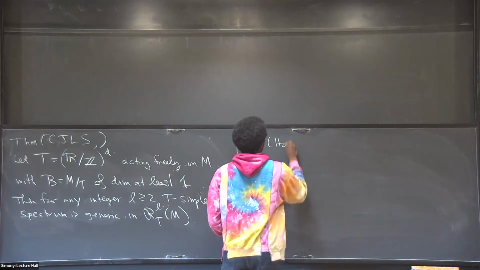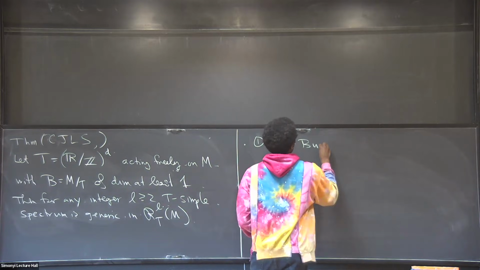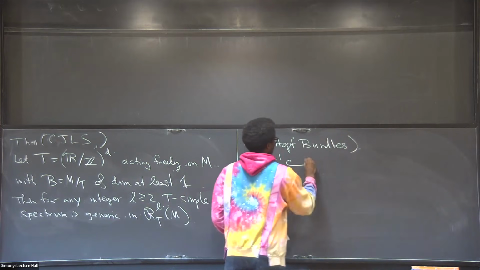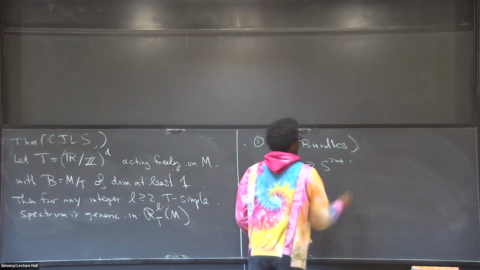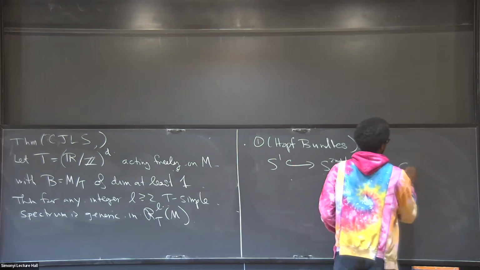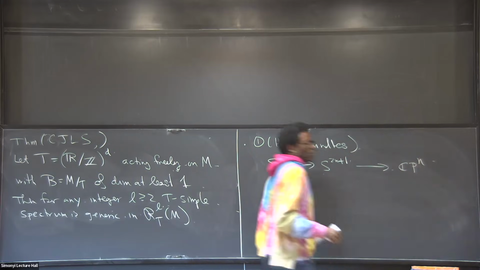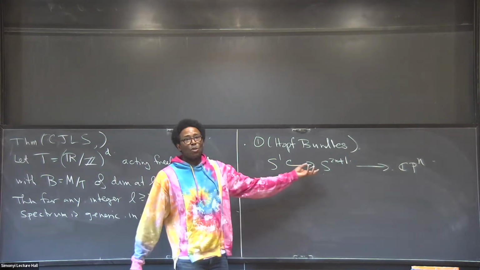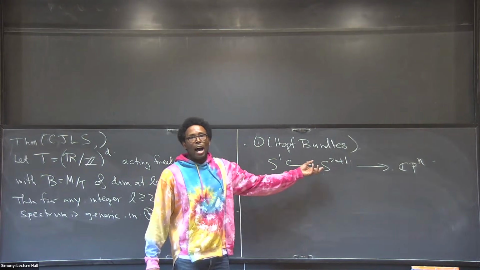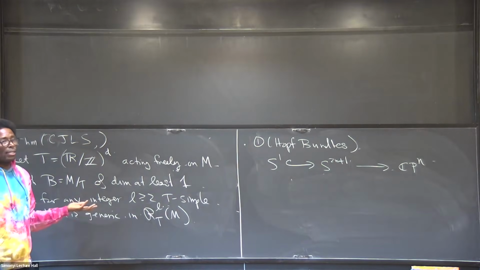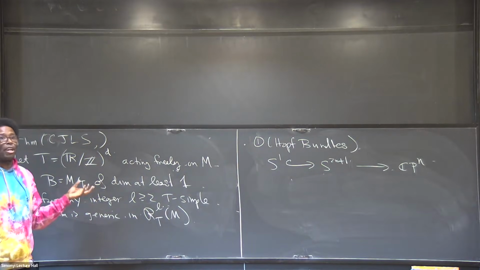So here's an example. We can look at the Hopf bundles. Here we have S1 inside S^(2n+1), which projects down to CP^n. I can now look at the space of all S1 invariant metrics on that space, and it turns out that S1-simple spectrum is a generic property.